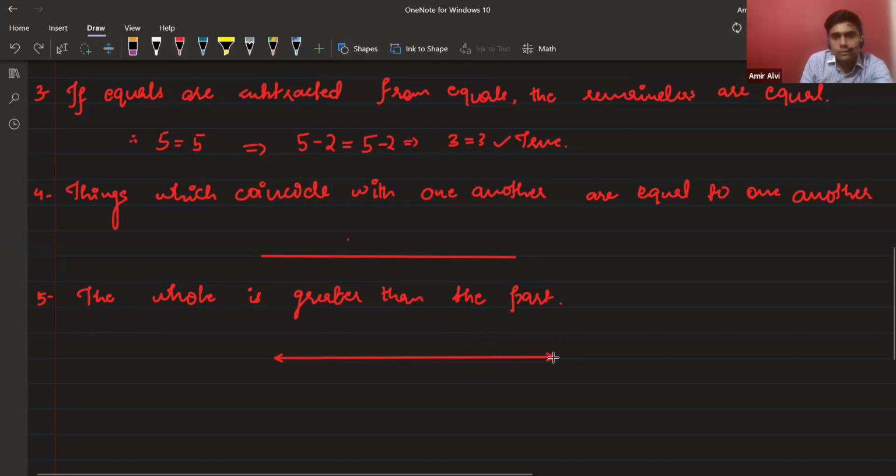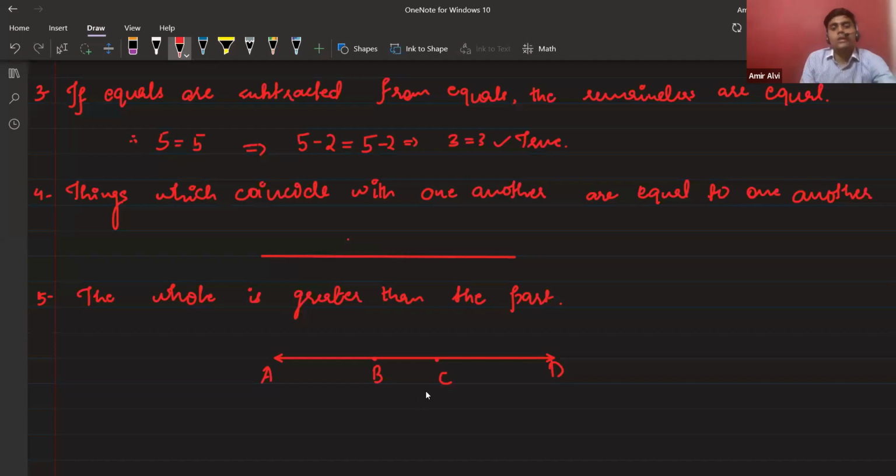Suppose this is a line. This is point A. This is point B. And suppose you have divided it like this. This is B, this is C, and this is D.